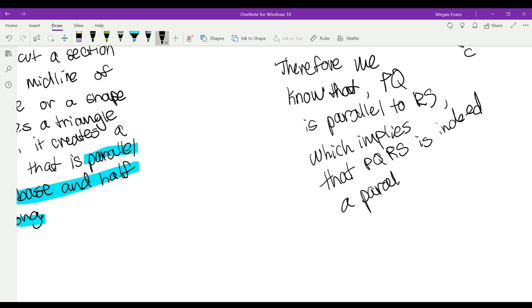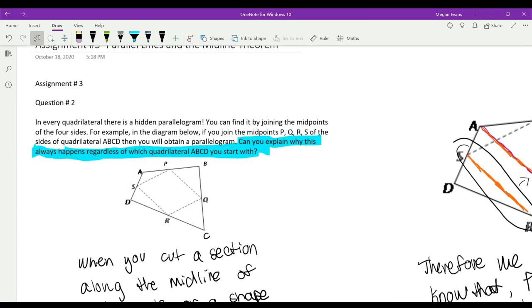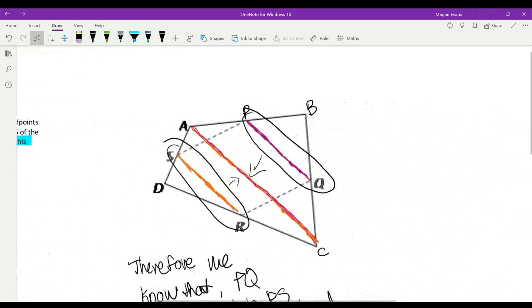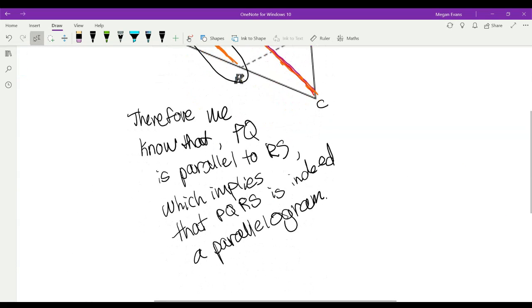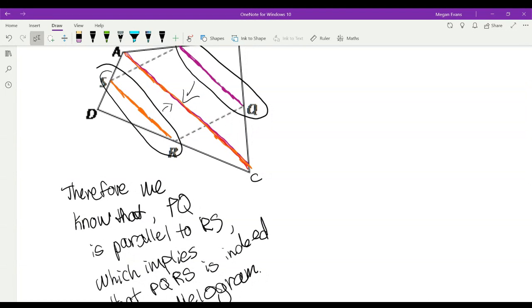Perfect. So the question's asking, let's remember, can you explain why this happens regardless of which quadrilateral ABCD you start with? So we've now determined that this is definitely a parallelogram using the midline theorem. Let's say that this will always be the same.